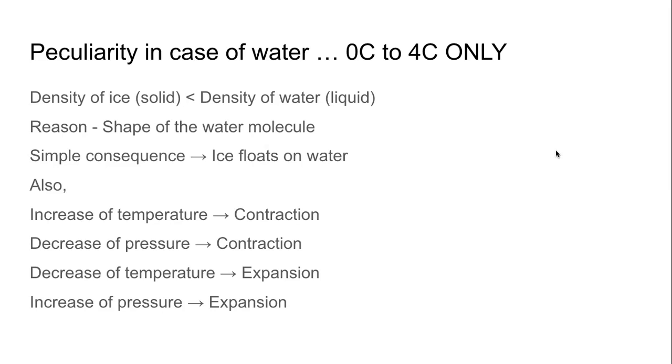So between 0 degrees Celsius and 4 degrees Celsius, when we are heating, what happens is the density of the ice is less than the density of the water. Ice is solid, right? Water is liquid. Generally, the density of the solid is more than the density of the liquid. But in this case, the density of the solid is less than the density of the water.